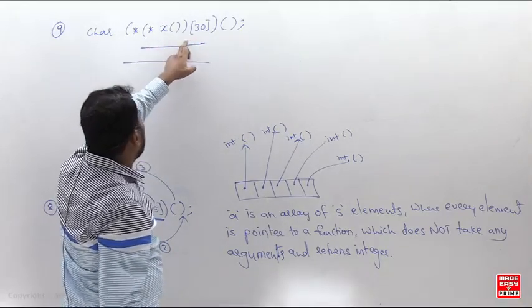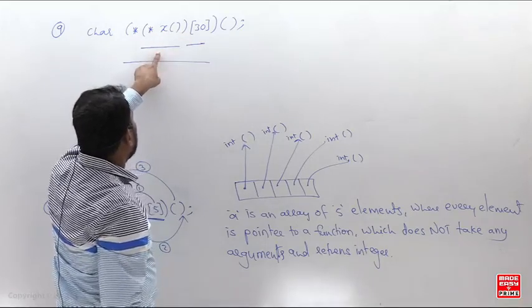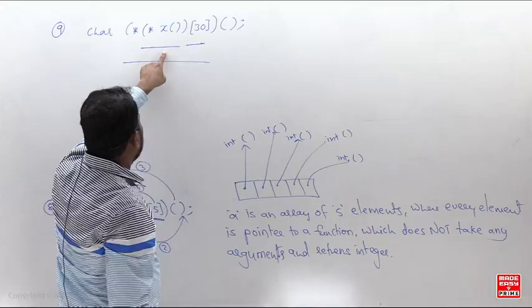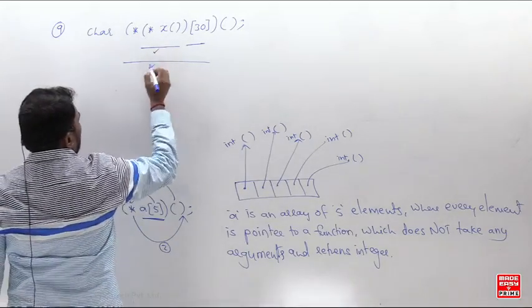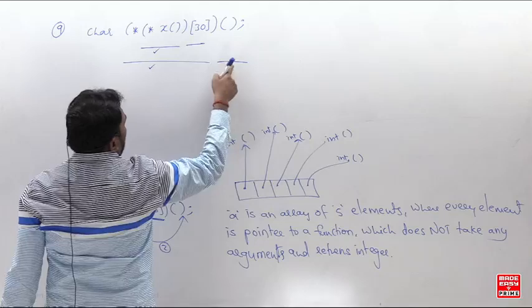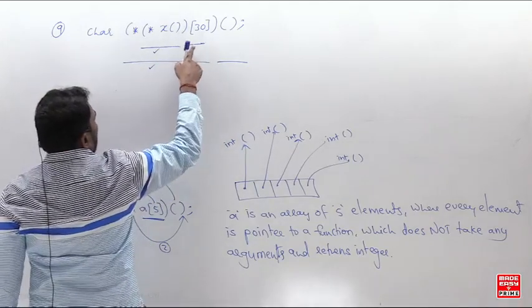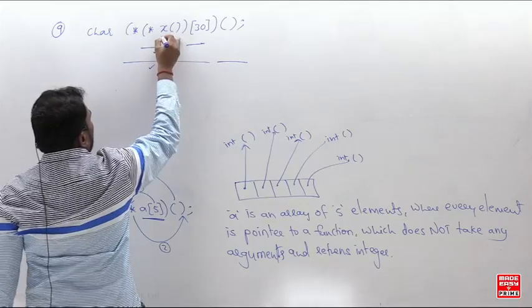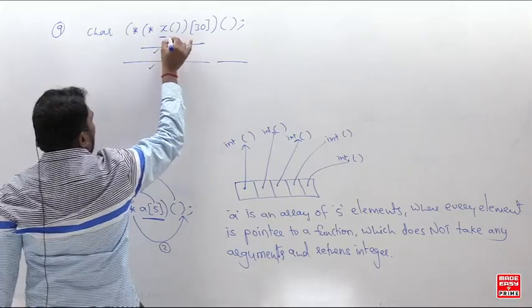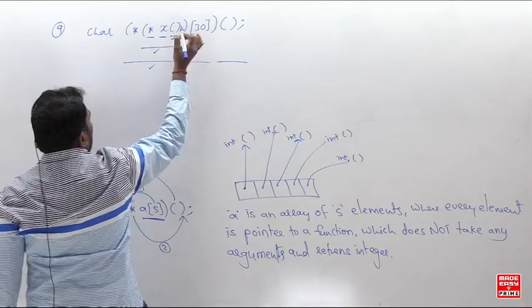This bracket is having high precedence, so first you have to read this. Inside this you are having this one and this one, which is having high precedence. And in this you read what? X. X is having this side and this side, which is having high precedence.